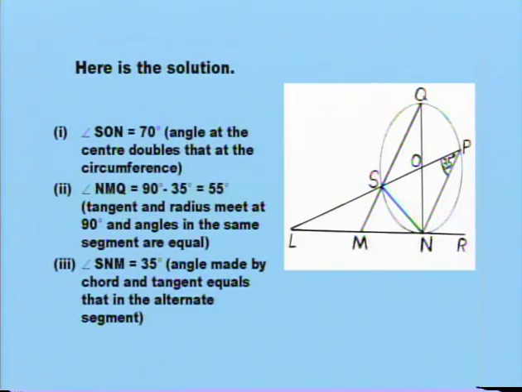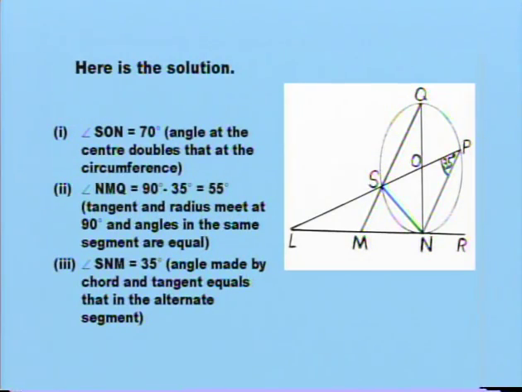Here is the solution. Angle SON is equal to 70 degrees. The reason? Angle at the center doubles that at the circumference. The second part, angle NMQ is equal to 90 degrees minus 35 degrees, which will give us 55 degrees.